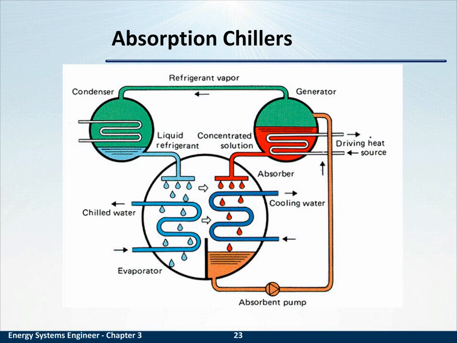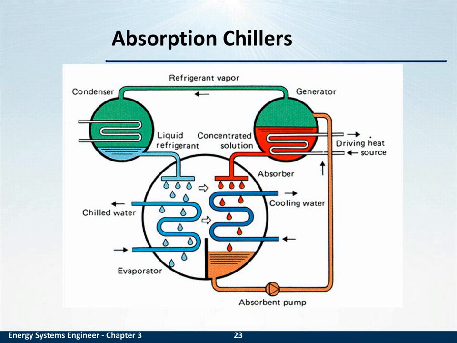In the absorption cycle, the low-pressure refrigerant vapor is absorbed into the absorbent, which releases a lot of heat. The liquid refrigerant absorbent solution is now pumped to a high operating pressure generator.